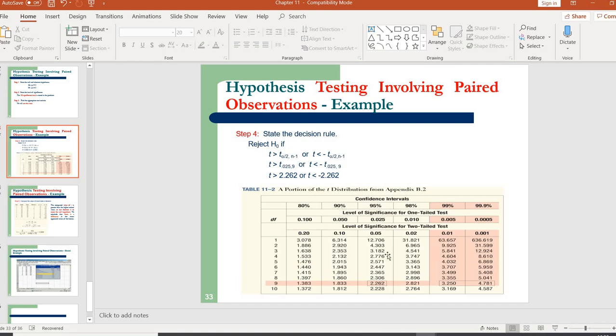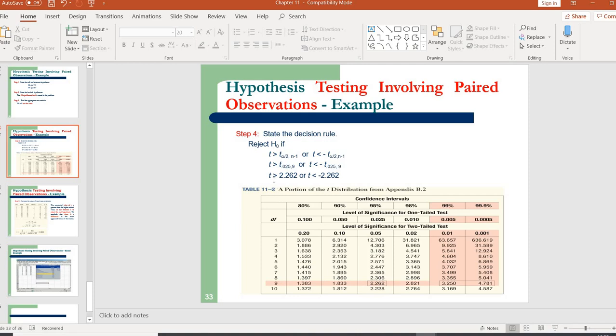We have just repeated a part of the student t distribution here. So we have 9 degrees of freedom, and we have a two-tailed test, giving 0.05 divided by 2, which is 0.025 level of significance. If you do the junction with 9 degrees of freedom, you have a value of 2.262.